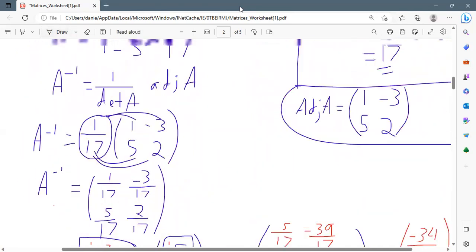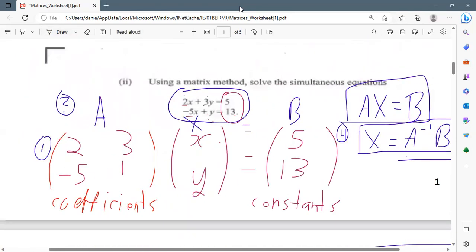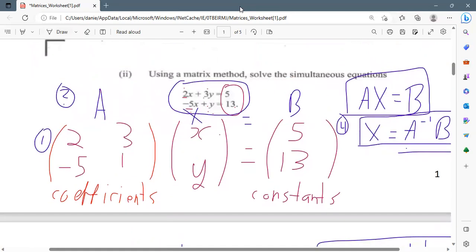So that's a recap. The first thing you do when they give you this question is make sure both equations are in the form AX plus BY is equal to C, with the x's and y's on one side and the constants on the other, because that is important for the setup. Then you set up the coefficient matrix times XY, which are your unknowns, equal to your constants. You obtain the coefficients from the numbers in front of x and y, in the order they already are.